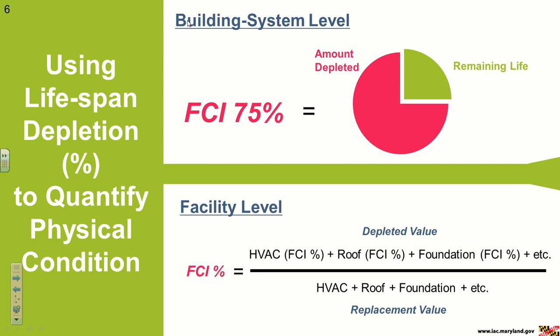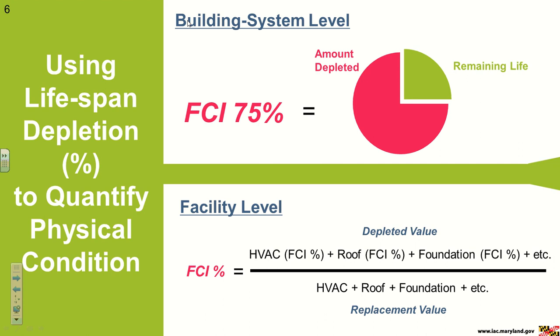So the FCI is the amount depleted. This is slide number 6, which is representative of a roof. In this example, as we spoke through it, that would be 75% depleted.